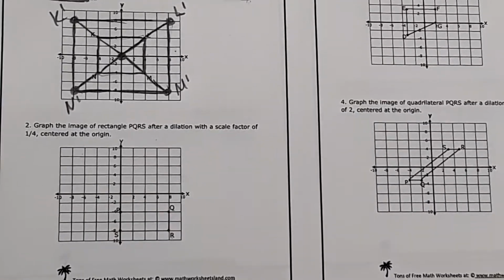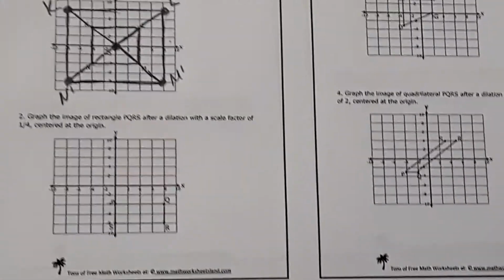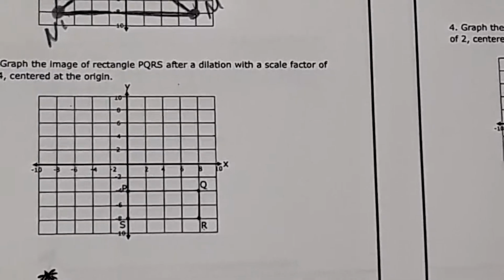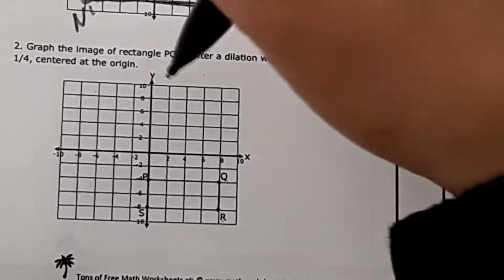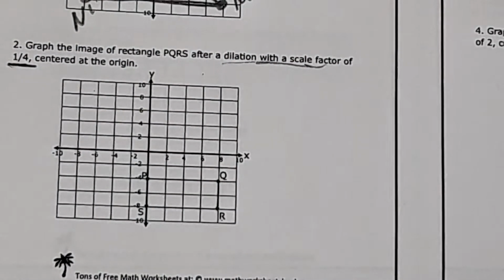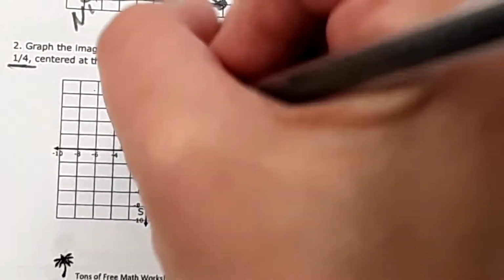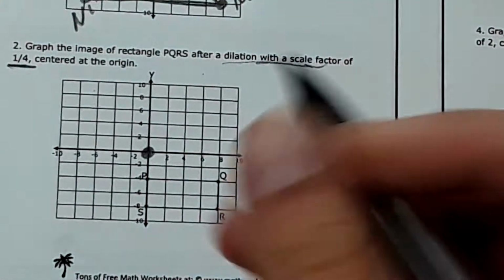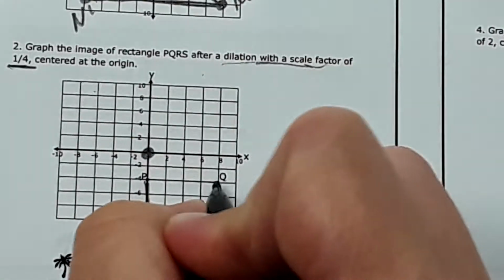Okay, the next one, number 2, shows a different way that it might be presented. So this one is a dilation with a scale factor of 1/4. 1/4 means that the shape is going to get smaller, like a quarter of the size. It says that the dilation is centered at the origin, and here is our shape.